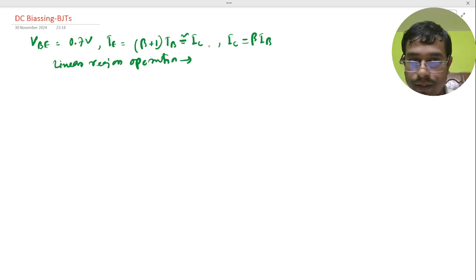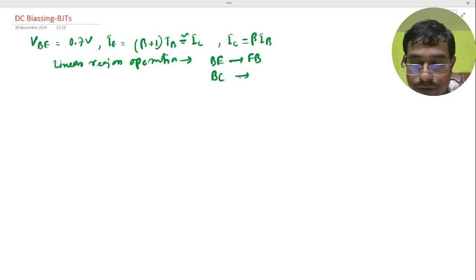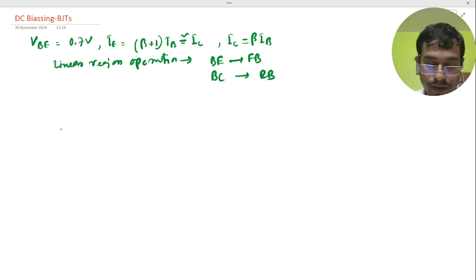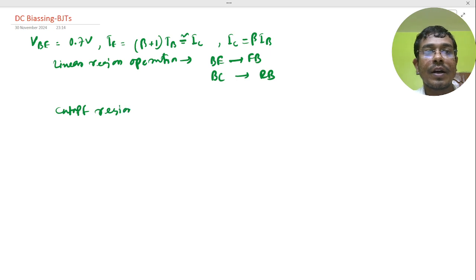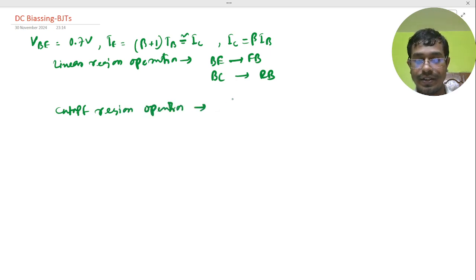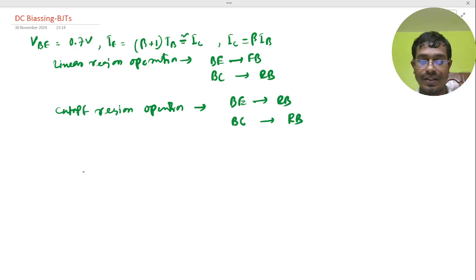And one thing is that for linear region operation, the base emitter is in the forward bias and the base collector would be in the reverse bias. For cutoff region operation, we get that base emitter is in the reverse bias and the base collector is in the reverse bias, both are in the reverse bias.